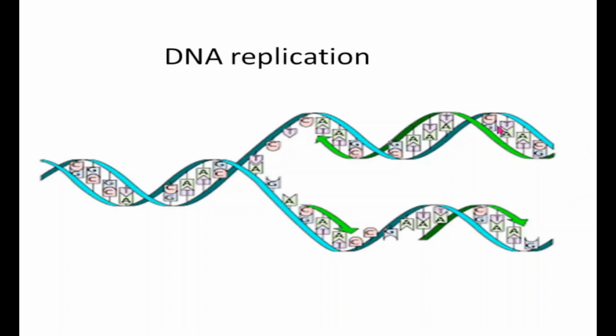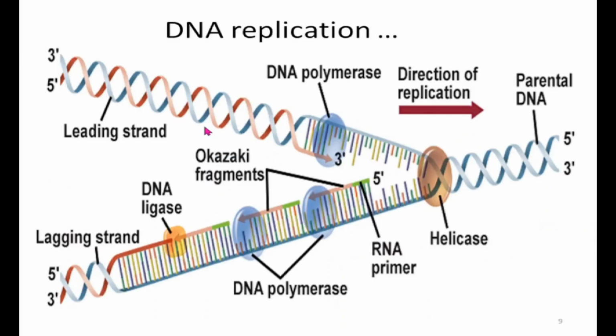So one strand here is continuously moving without a gap, and the other strand, you can see, has gaps. This is because of the chemical direction of the DNA. In this picture you can easily understand that.